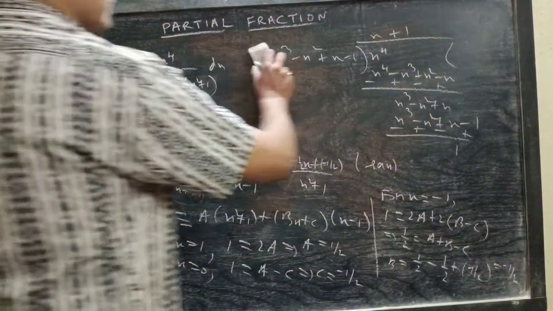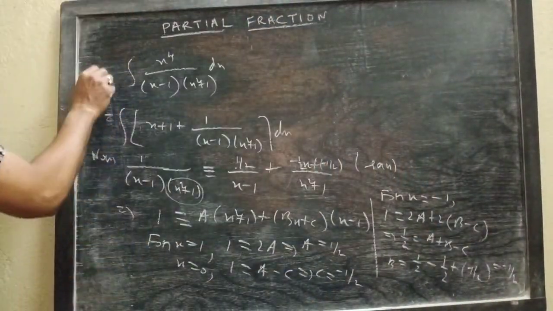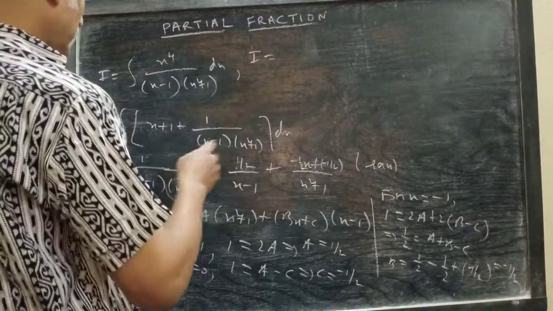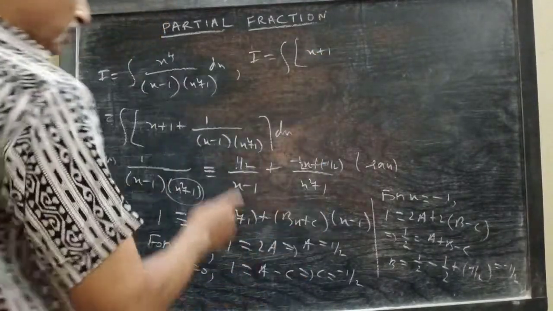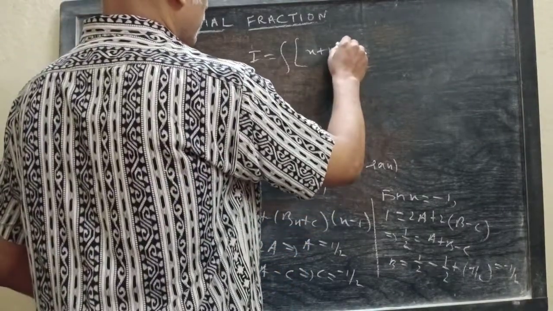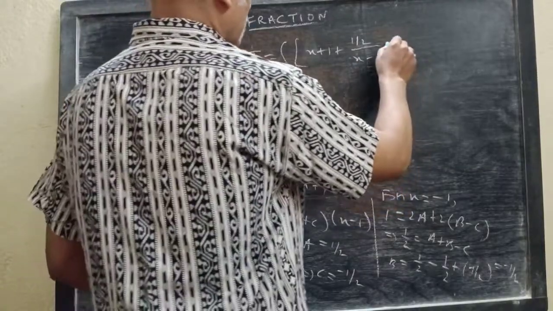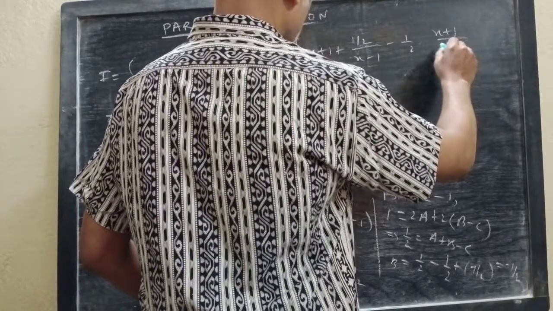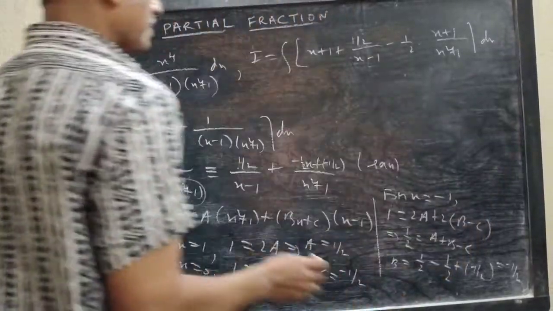So now our integral I becomes integration of x plus 1, then this can be written as half plus half by x minus 1, and then minus half into (x plus 1) by (x square plus 1), third bracket close, dx.